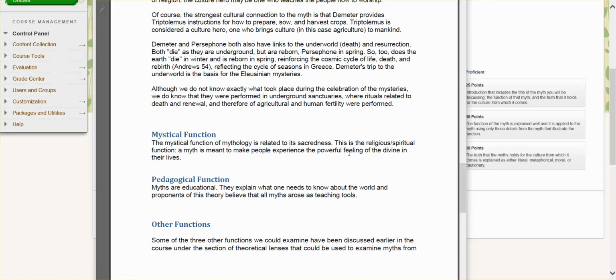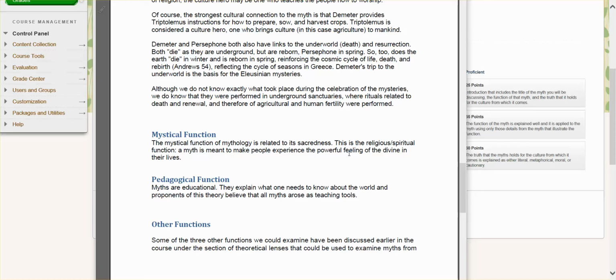The final two functions can be addressed fairly quickly. The mystical function is pretty much a story's function to help individuals and people feel closer to their deity, or to feel an awe of their gods, to see how the powerful divine spirit actually works in their lives.